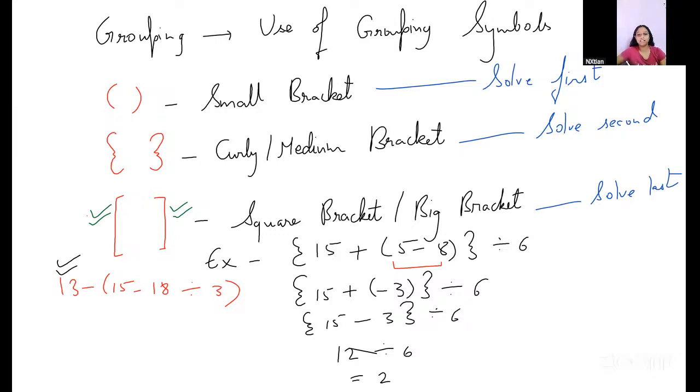Nathaniel, this is how we solve it. We will divide 18 by 3 first. That is going to give us 6. Subtract 6 from 15. We will get 9. And then do 13 minus 9. We will get 4.